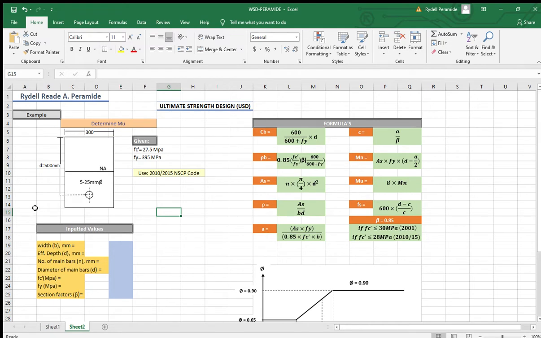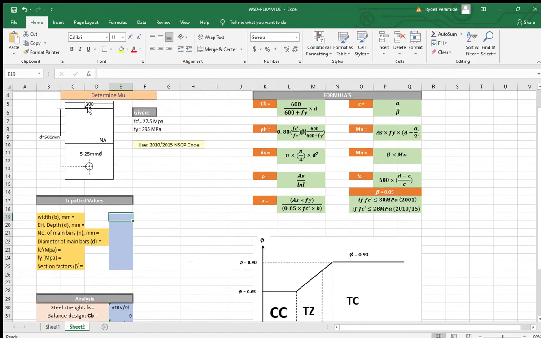So the first thing is to deeply analyze and input the given. The width here is 300. Let's input here 300. The effective depth 500.